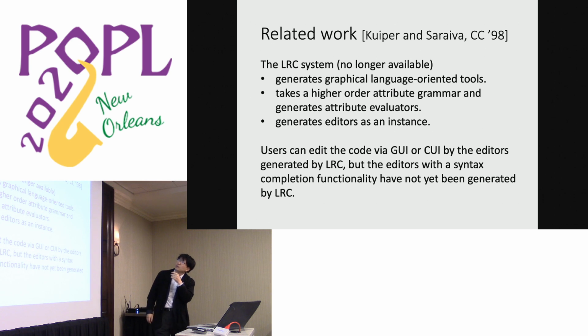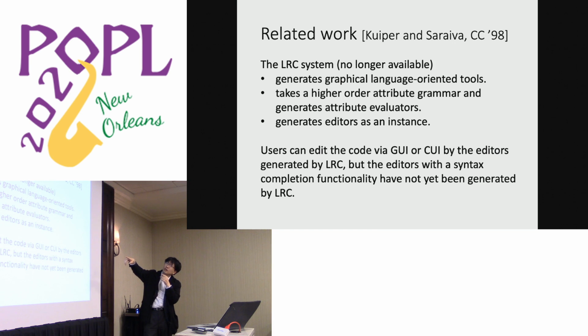Another major related work is by Kuiper and Joao Saraiva in Compiler Construction in 1998. They developed a system called LRC, which is unfortunately no longer available now. I communicated with Joao Saraiva before. This system generates graphical language-oriented tools in general.